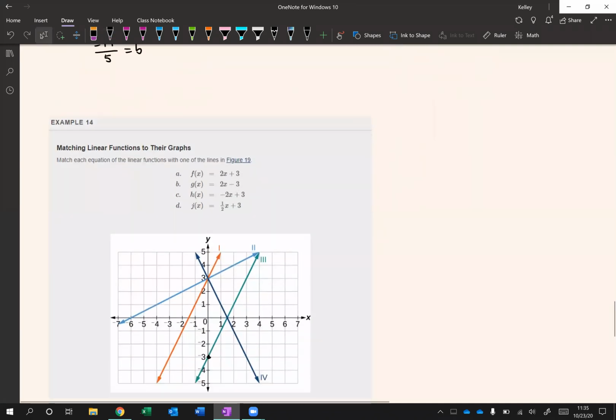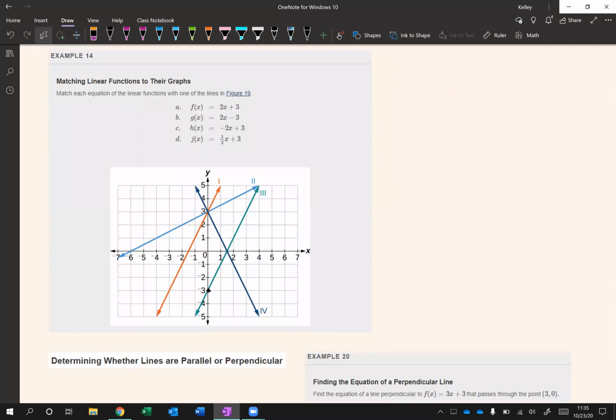All right, so next we want to match a linear function to the graph. What's going to come into play here is that we've got to look at m and b. So let's make a little table here. We've got a, b, c, and d, which are our functions.